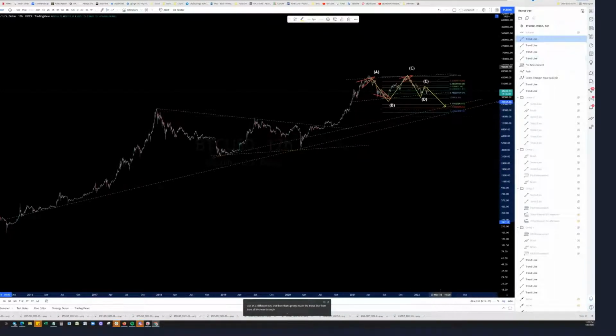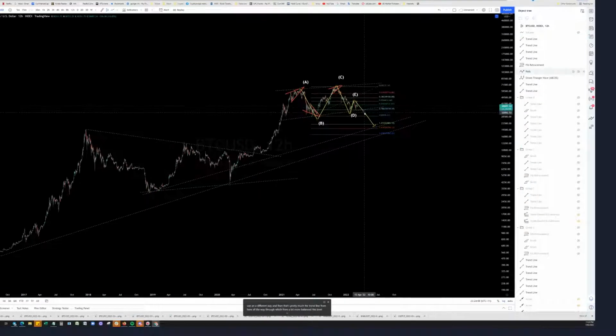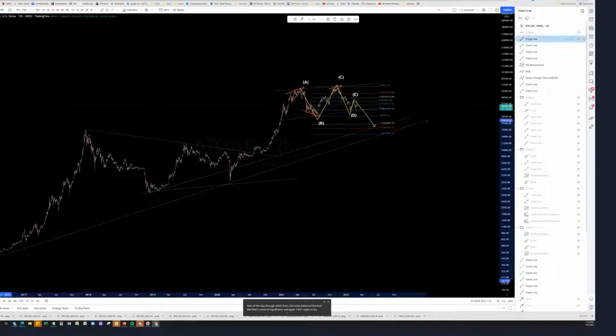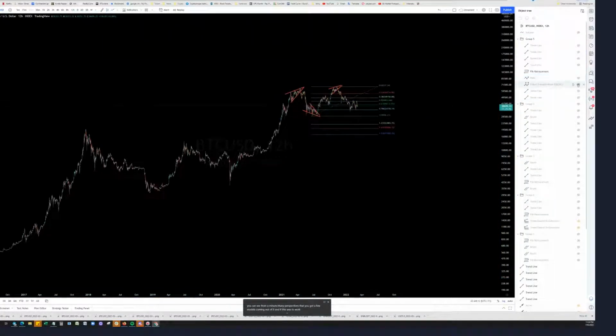So you can see from many perspectives that we've got a few models coming out of it. And if this was to work out, let's just do that again. We can just get rid of those.